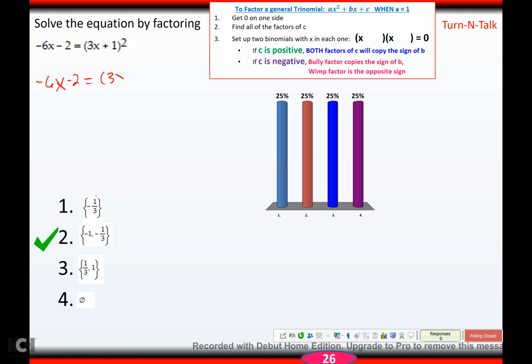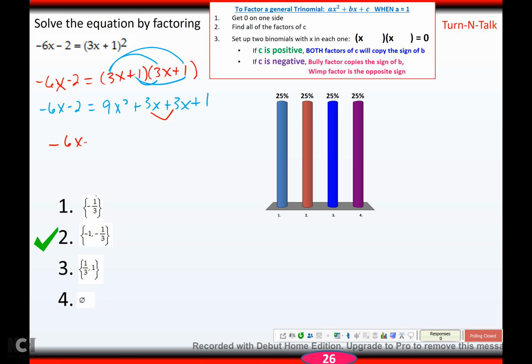So parentheses first means I'm going to make two copies. Okay, so I'm going to have negative 6x minus 2 equals 9x squared plus 3x plus 3x plus 1. Combine like terms.